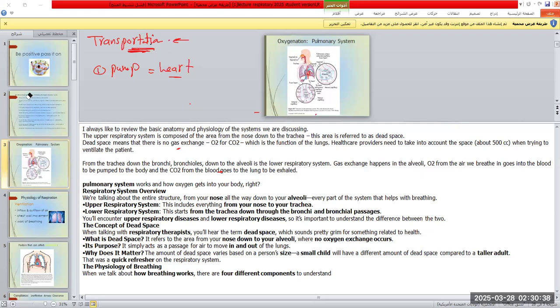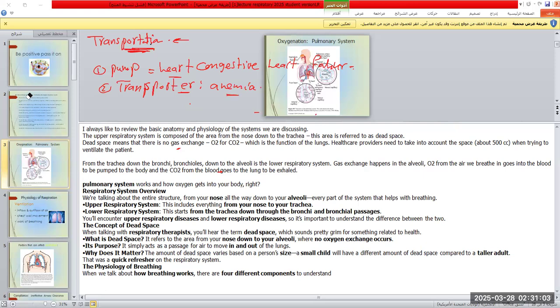As well as congestive heart failure. Okay? Or there is a problem in the transporter. What is the transporter of oxygen in blood? It's hemoglobin. So if the patient has anemia, the transportation will get affected.